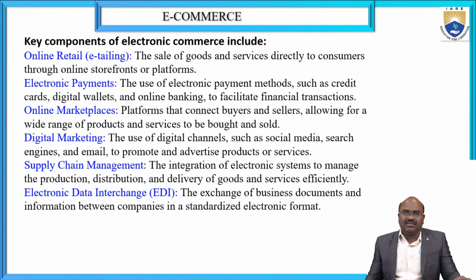This is also most important. Electronic payment transactions require secure authorization and authentication, so we can pay the amount in a secure manner. It is an important thing in e-commerce.